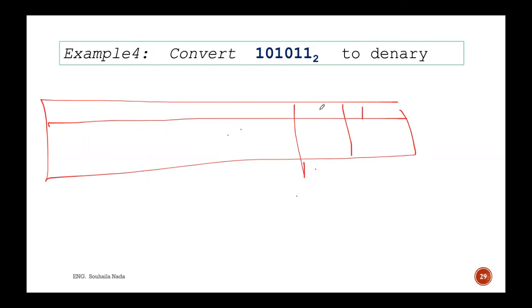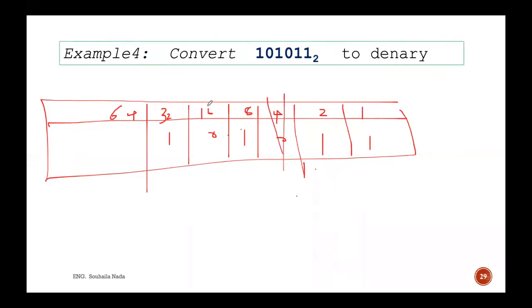Quickly, I'm going to write the weight: 1, 2, 4, 8, 16, 32, 64. Then here we write the value 1, 1, 0, 1, 0, 1. Then we are going to cancel zeros.